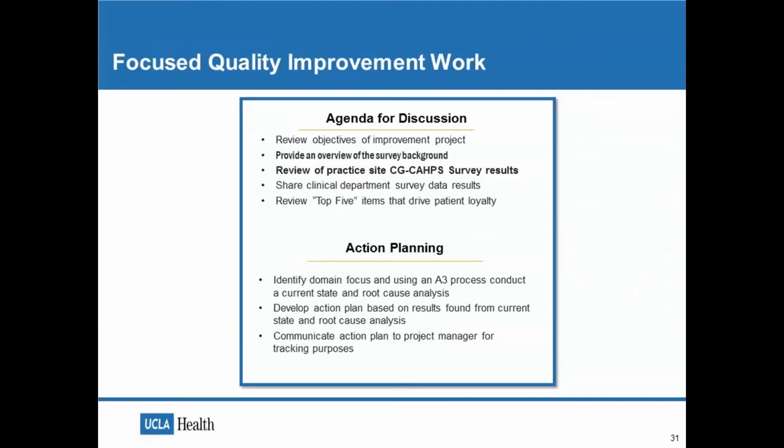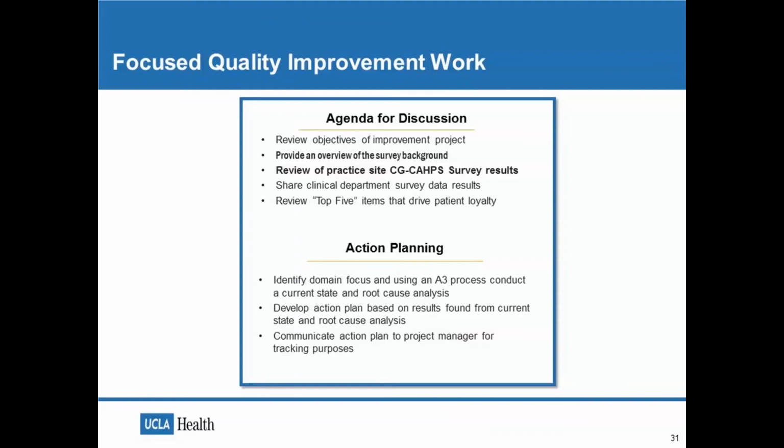It involves the use of an A3 device, which, as you know, is a structured problem-solving and continuous improvement approach to improvement work. And as this slide briefly outlines, the objectives of the improvement project are reviewed. The scores at the practice level are reviewed with the managers.